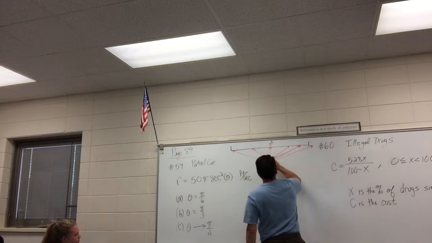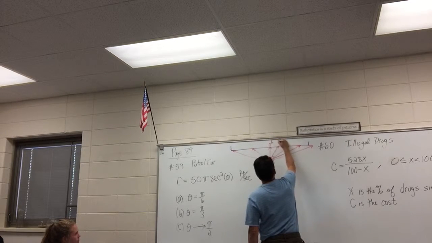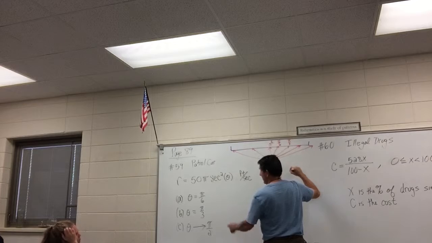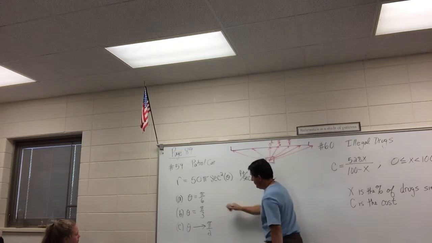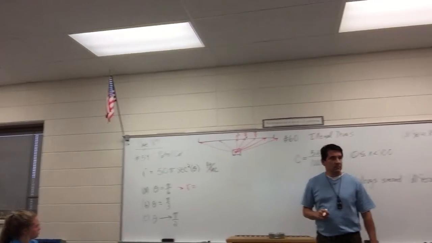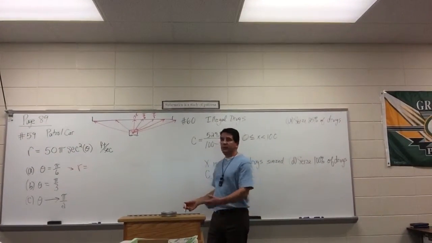Then pi over 6, so that's like 30 degrees. So this one would be at pi over 6. And then maybe this is pi over 3. What we're supposed to do is figure out what R is for each one of these. So we just have to plug them in.